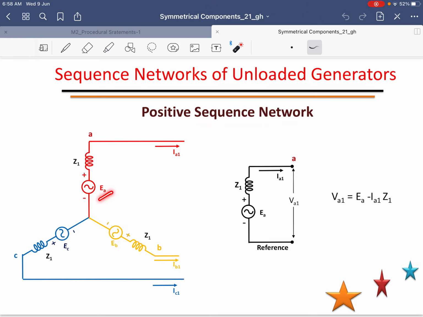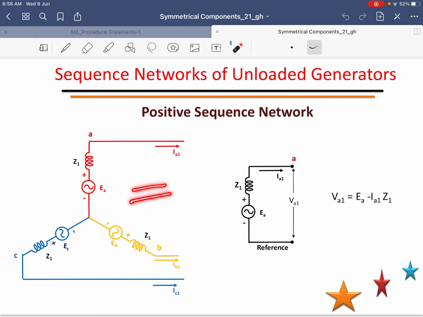Therefore, you are representing here EA, EB and EC, a balanced voltage. The system shown here is a balanced one, because we have Z1 and IA1, IB1, IC1 with equal magnitude.